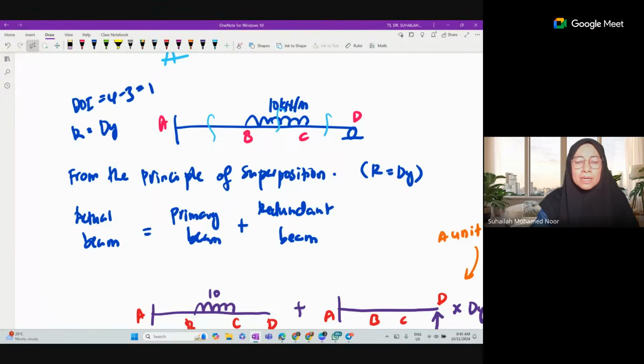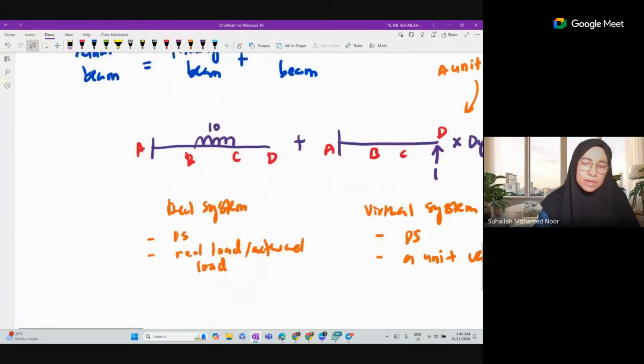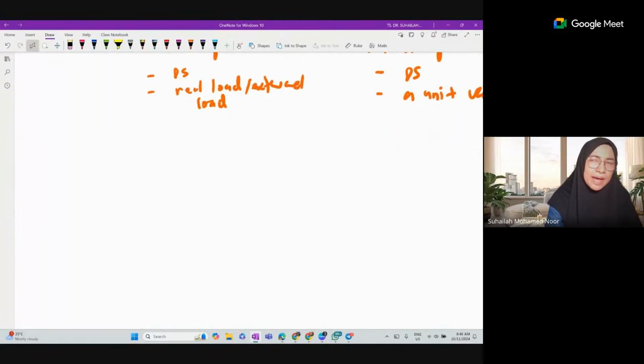There are three members, AB, BC, and CD, with one uniformly distributed load along BC. What if, for example, we put a roller here? This is roller, this is fixed support.